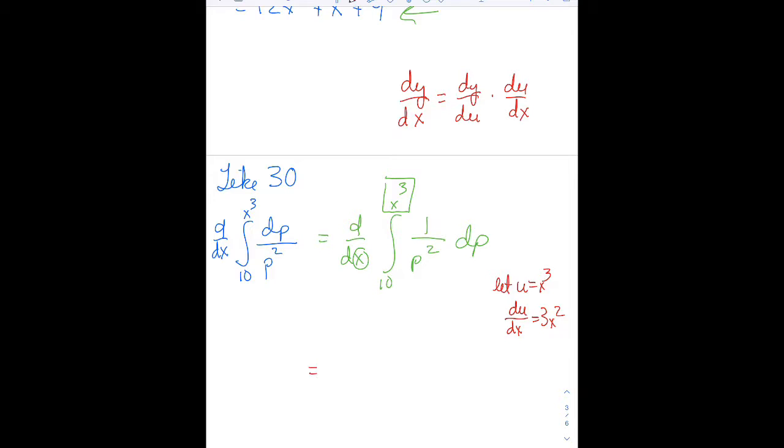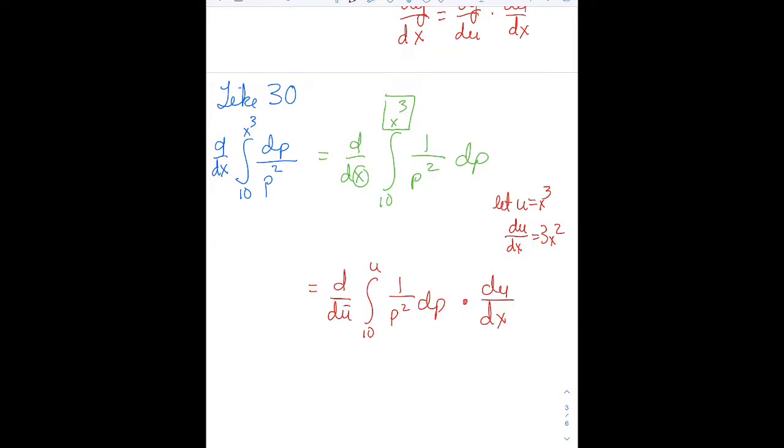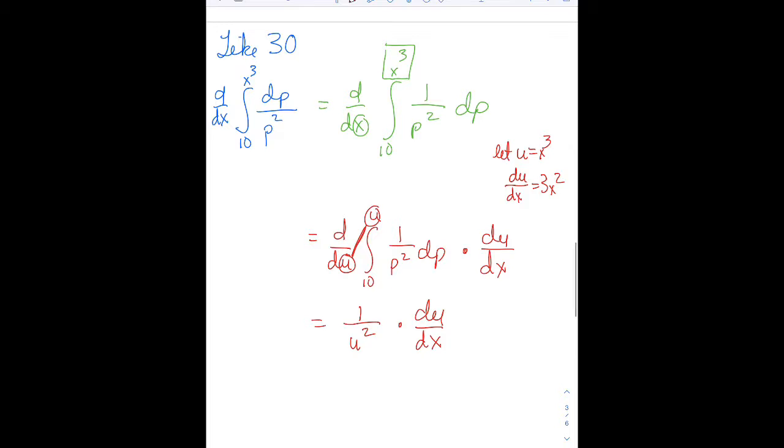I'm going to make this now d du, I replace my x cubed with u, and with the chain rule in the end, I'm going to have to take the derivative of that u term. I'm in a good place here to use Fundamental Theorem of Calculus, Part 1. This ends up being 1 over u squared du dx, but I don't want my problem in terms of u, I want it in terms of x.